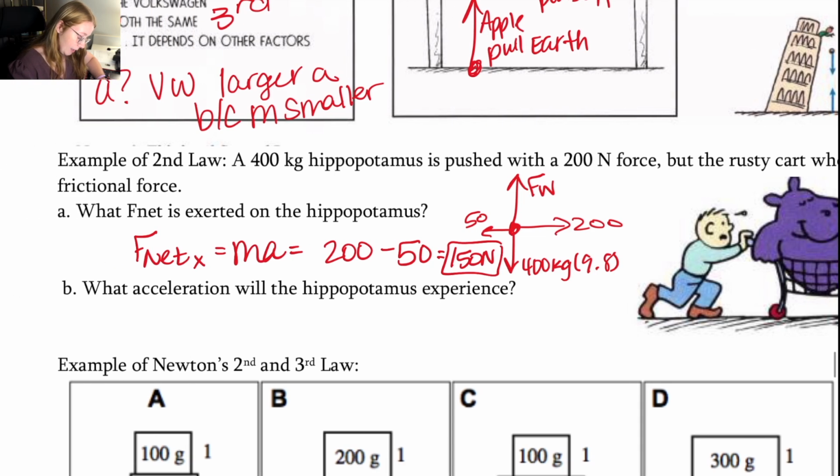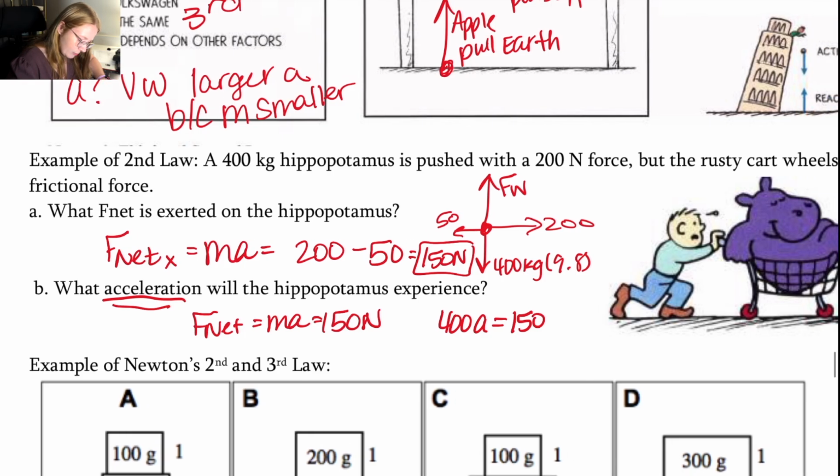Okay. Here's part B, which says, what is the acceleration? Okay, well, F net does equal ma, and we did figure out that the net force is 150 newtons. Okay, well, I do also have the mass. I have 400 kilograms. I still don't know a, and then 150. So just replacing everything I know.